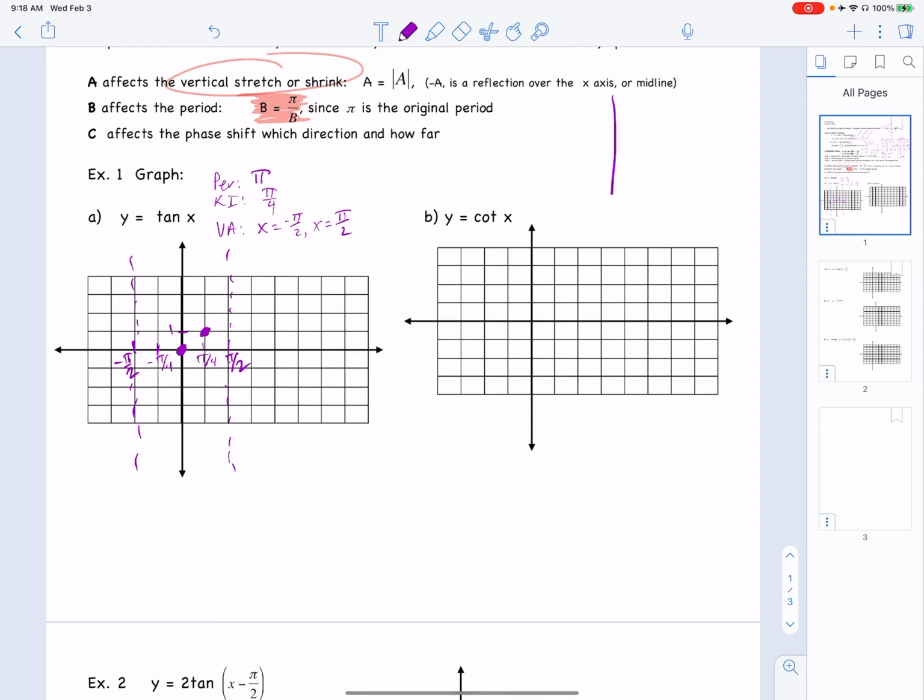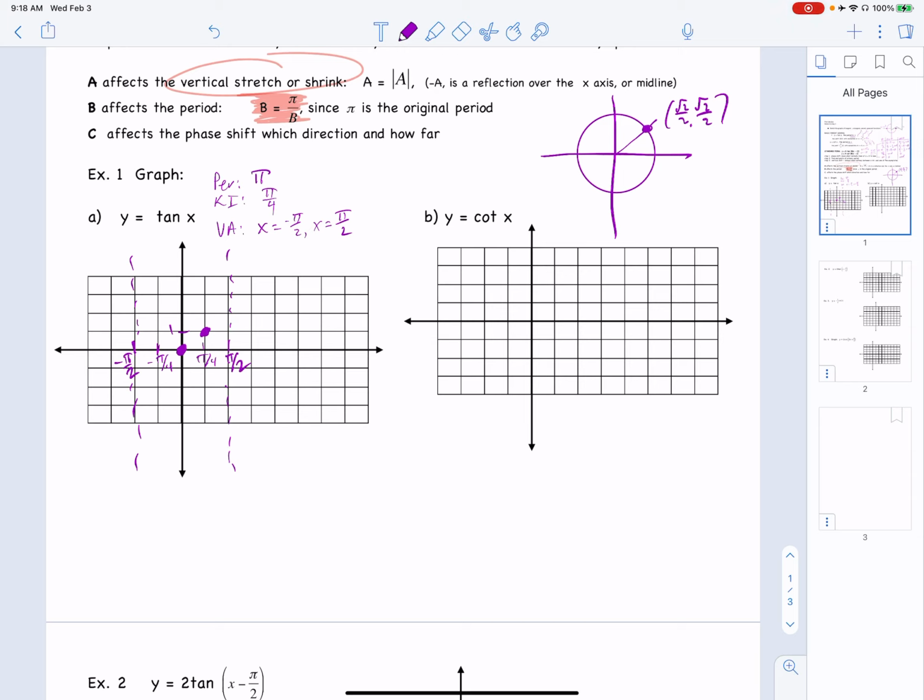Tangent is 1. If you remember again, on that unit circle, at pi fourths, that is the point root 2 over 2, root 2 over 2. So the tangent of pi fourths is going to be 1.